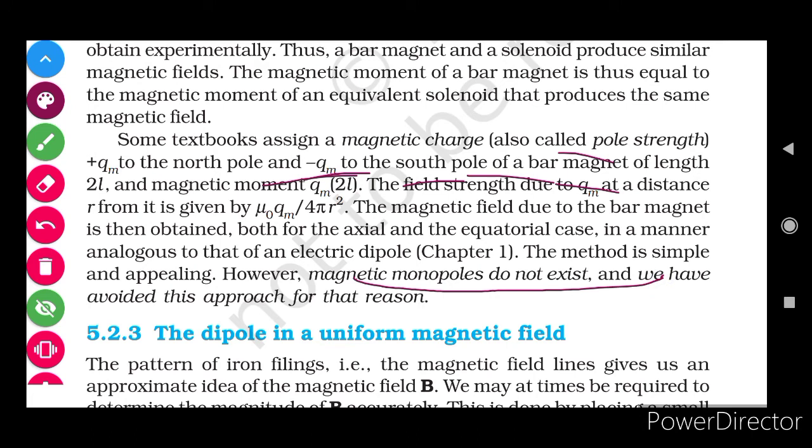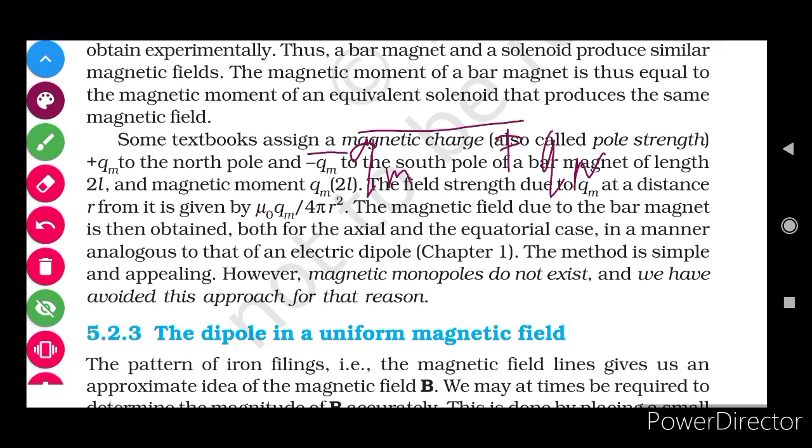Their approach is like in an electric dipole, where we take electric charges, minus q here and plus q here. Similarly, magnetic charge is assigned, minus qm here and plus qm here.